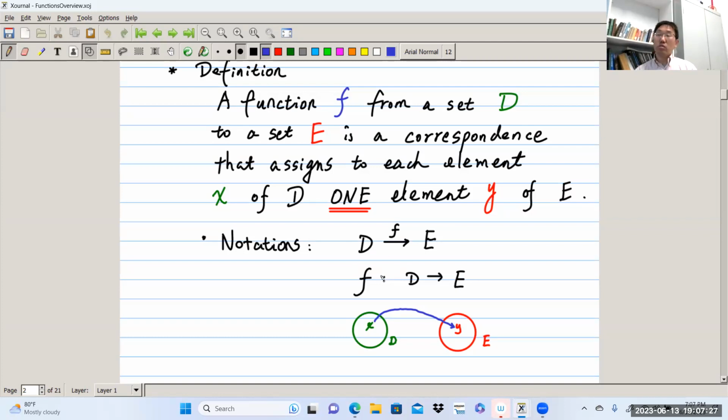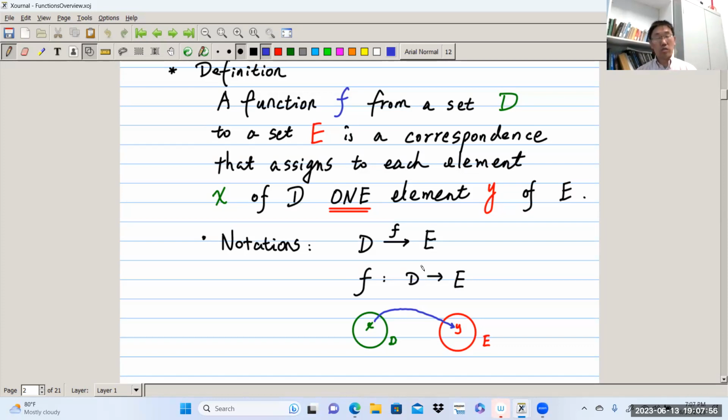Or sometimes you can see this notation, f colon D right arrow E. I think this notation tells us what a function does. This f is the name of this machine, and this machine produces an output using each input.